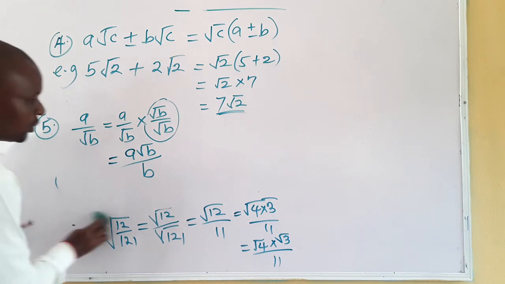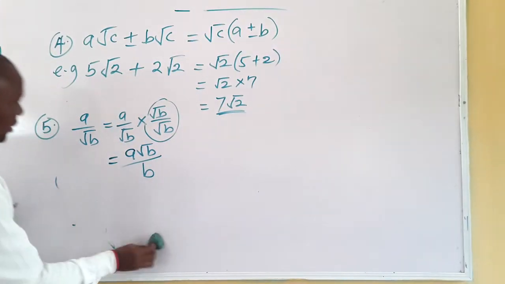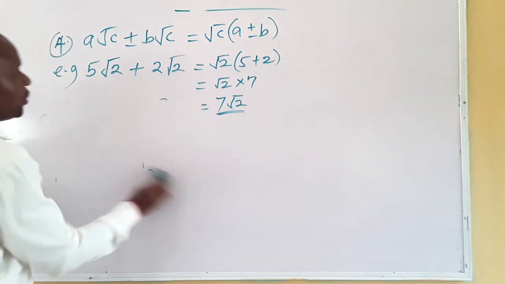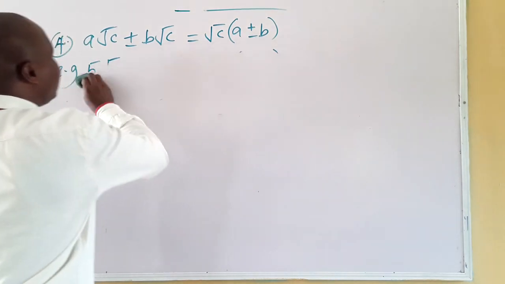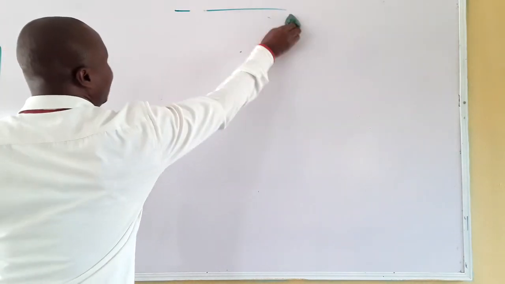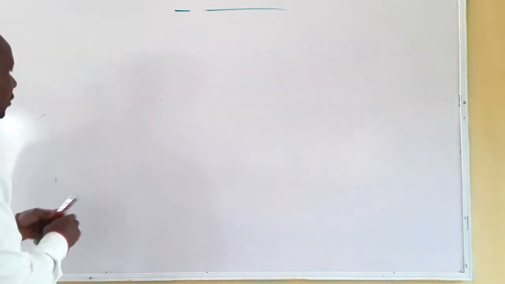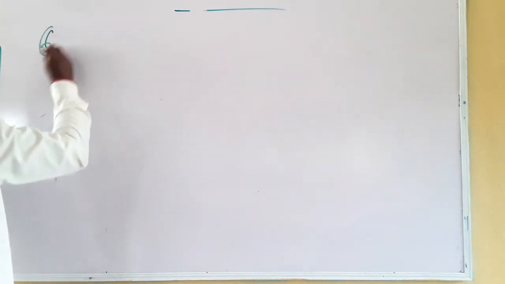Then the very last one I would like us to consider is a situation where you have mixed surds at the denominator. So that rule is this.